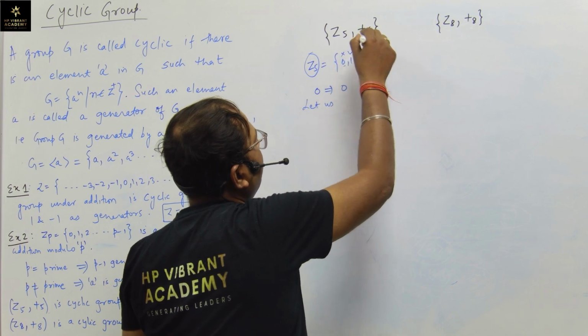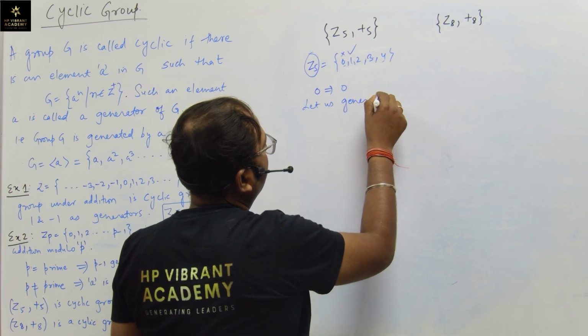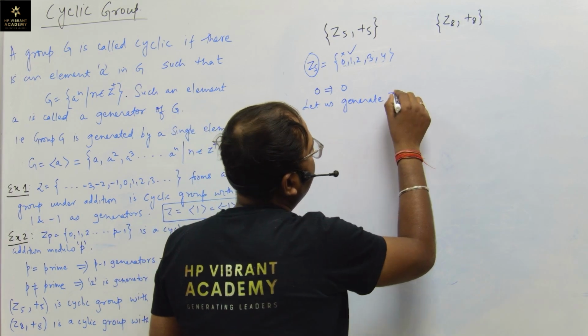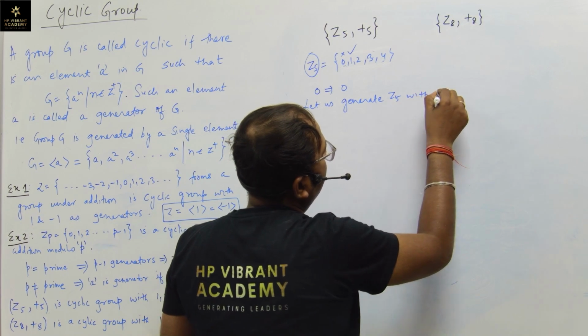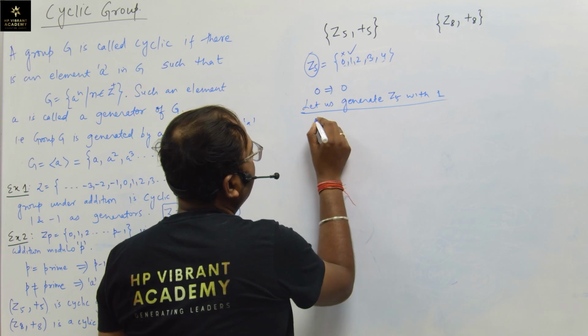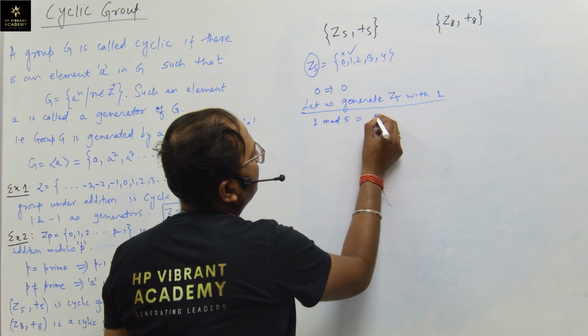Now let us take 1. Let us generate Z5 with 1. We have 1 mod 5 is equal to 1.